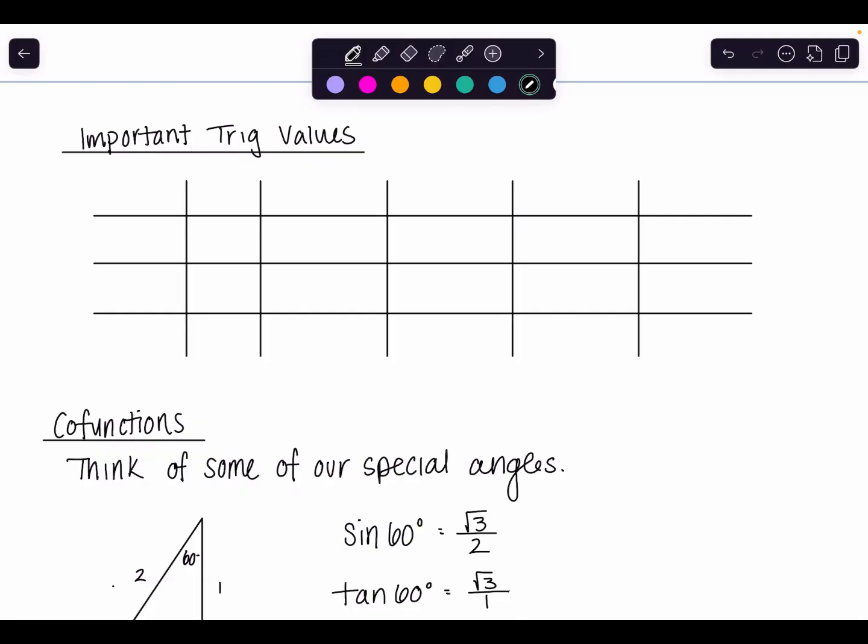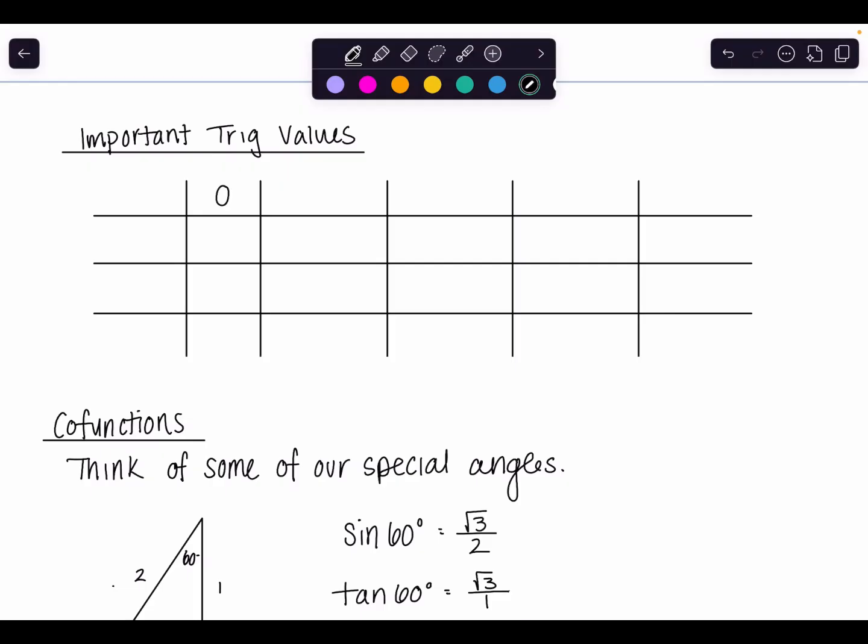So we're going to build something that's called our unit circle once we get through radian measure. But you do want to know all of the first quadrant angles. If you can identify those, it's going to be very helpful for your class overall.